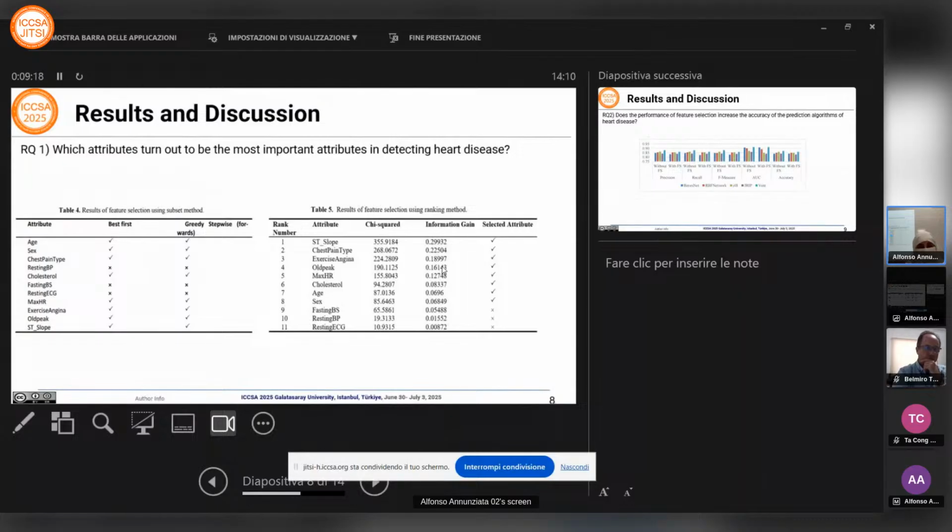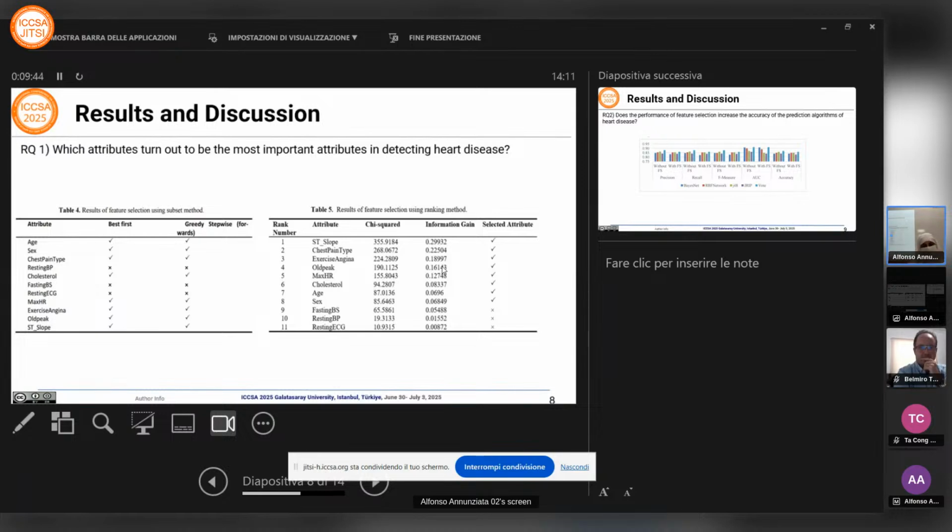And the second method is a ranking method, which gives each attribute a ranking. As we know, it's almost the same. All these 3 attributes also have the lowest ranking. So I integrate the results of all 4 methods, and I removed these 3 attributes from the data set.